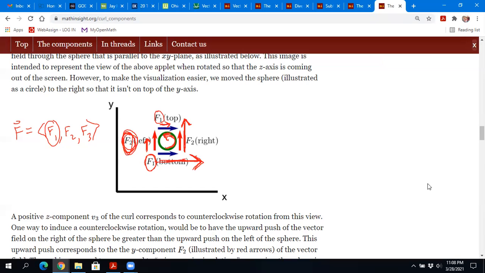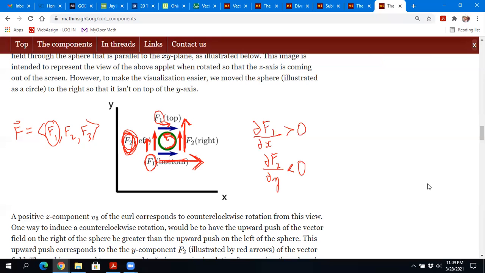So that means that the partial derivative of F2 with respect to Y is decreasing. Okay, so that means that the rate of change is negative for that guy, and the rate of change of F1 with respect to X, that, my friends, needs to be positive.